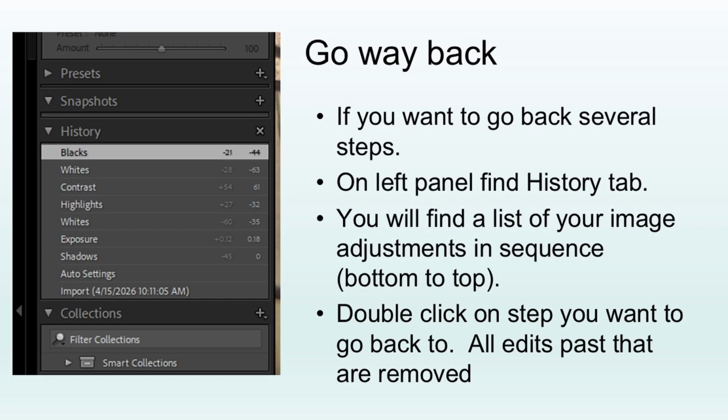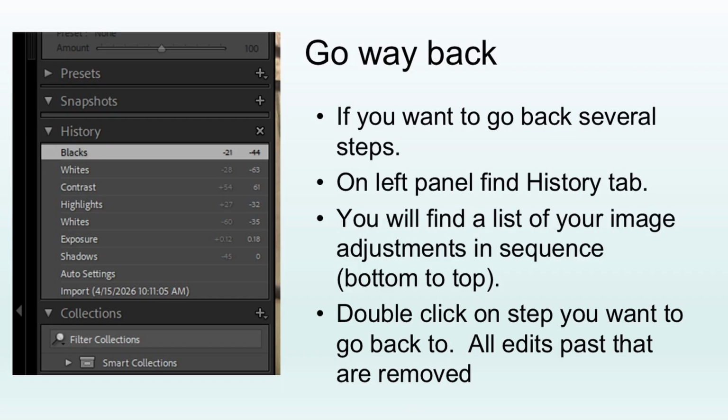You're editing, and this will happen to you. I know because it happened to me. I'm editing, and it's just getting worse and worse, and I want to start over. So on the left panel, you're going to find a pull down menu called History, and that is all the edits you made in sequence from the bottom, which is where it came in. Then you see I did auto, shadows, exposure, white, highlights.